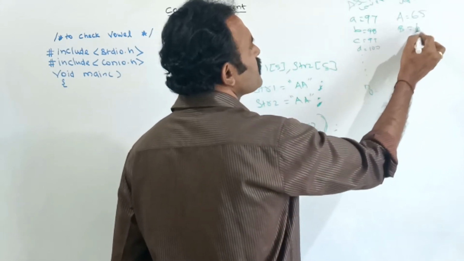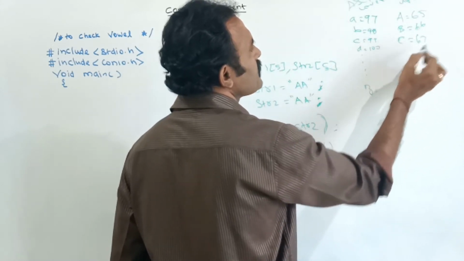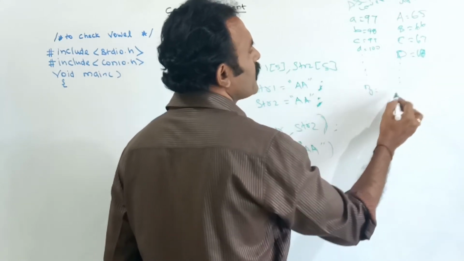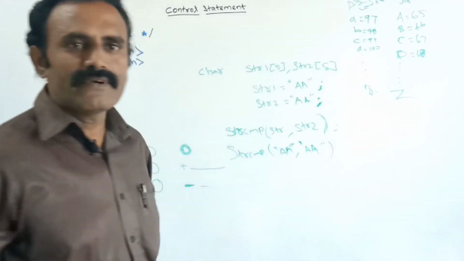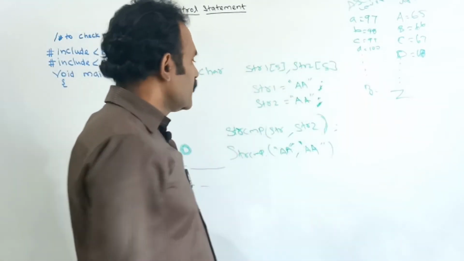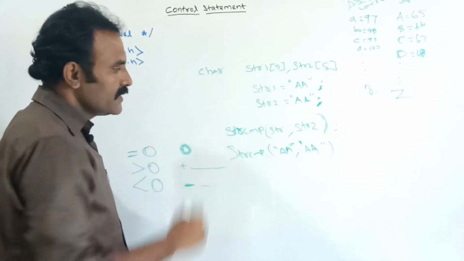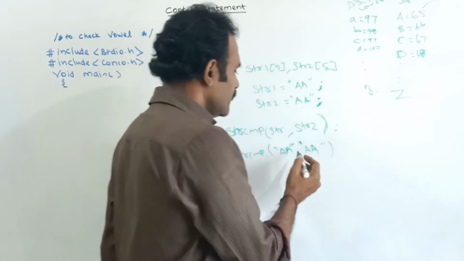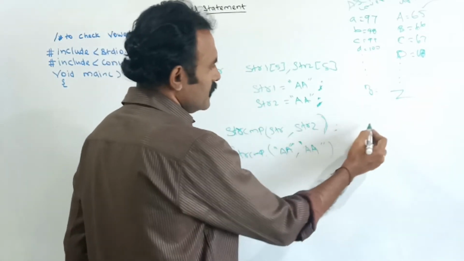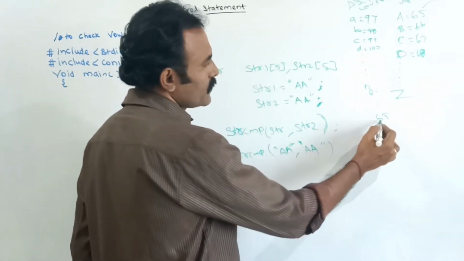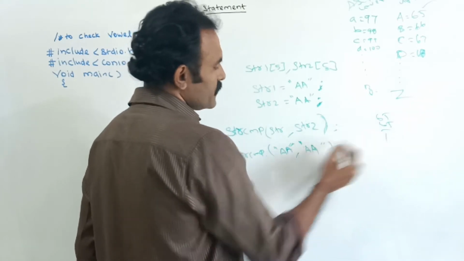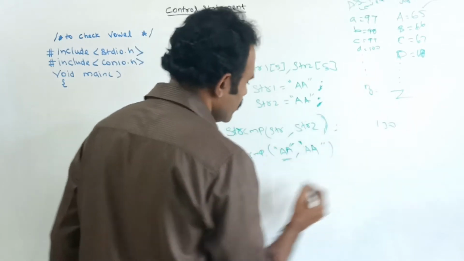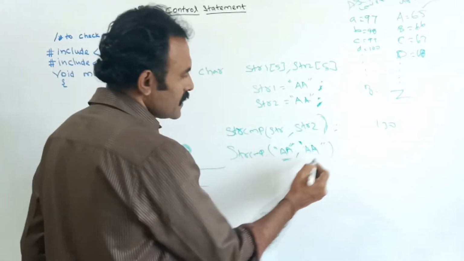Capital letter B is 66, capital letter C is 67, capital D is 68, up to capital Z, each has an ASCII value. Suppose you want to compare two strings, where string 1 is A and string 2 is A. What is the ASCII value of capital letter A? 65 and 65, so totally we add the ASCII values, 65 and 65 is 130, and this is also 130.